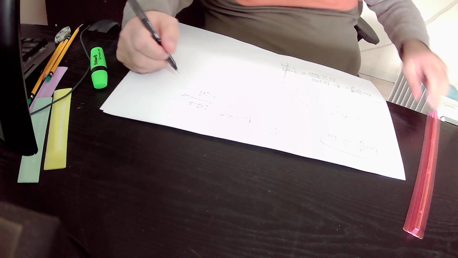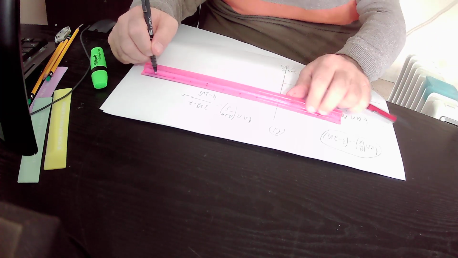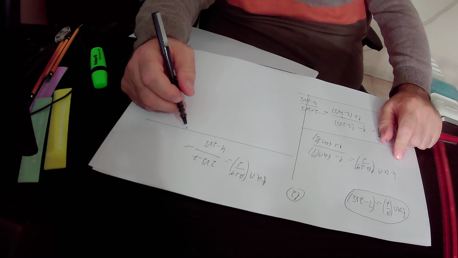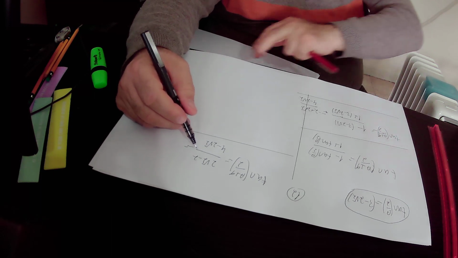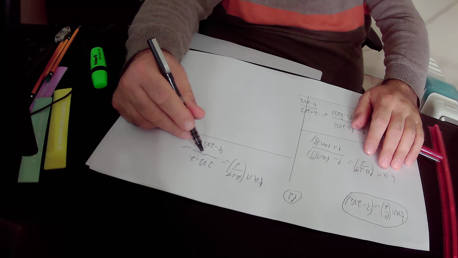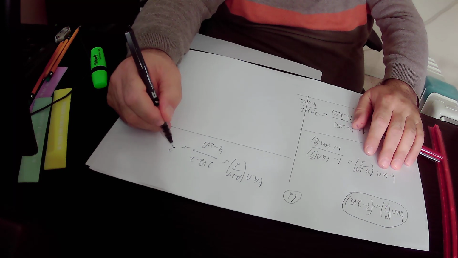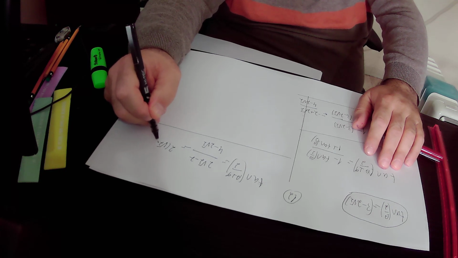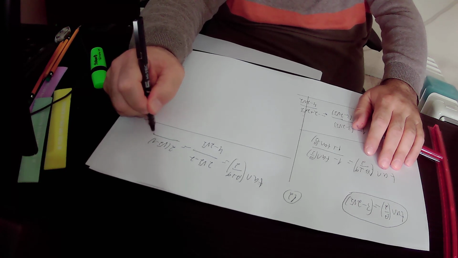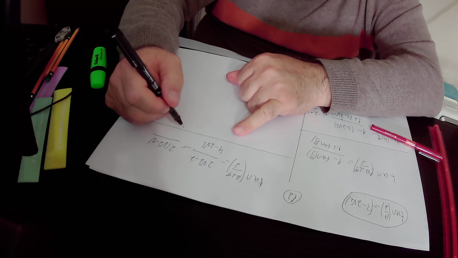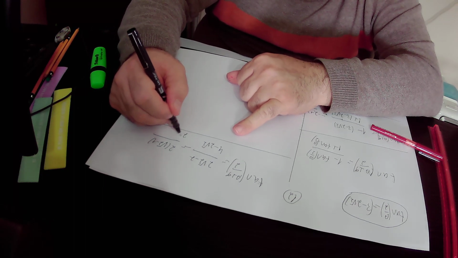So here we will take 2 as a common factor from the numerator, and inside the brackets we'll have square root of 2 minus 1, and from the denominator we will take a common factor of 2 times square root of 2.